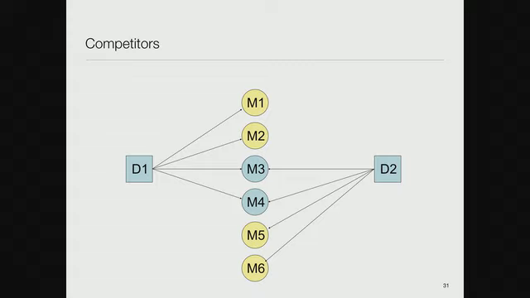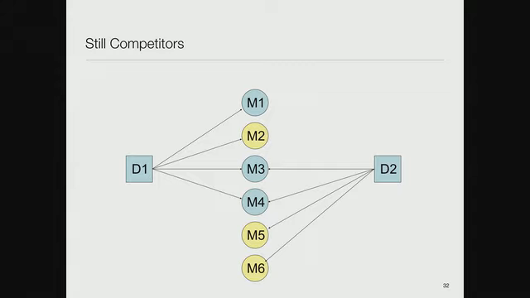But let's trace through this. So suppose I tell you that the patient has manifestations 3 and 4. Okay? Well, you would say there's no reason to think that the patient may have both diseases, because either of them can explain those manifestations, right? So you would consider them to be competitors.